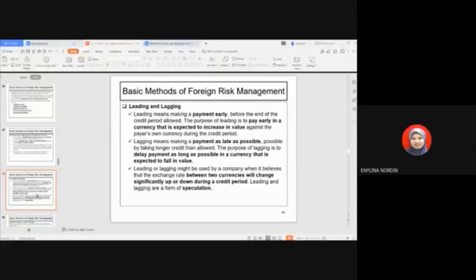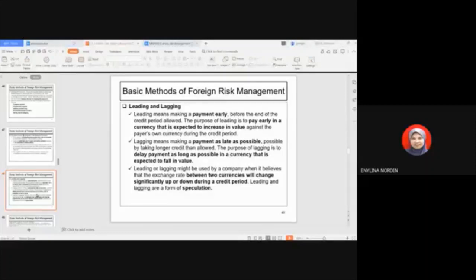To appreciate or to depreciate. Why are the leading and the lagging strategies considered risky? Because it will not give any benefits if the prediction of the currency value is not correct.